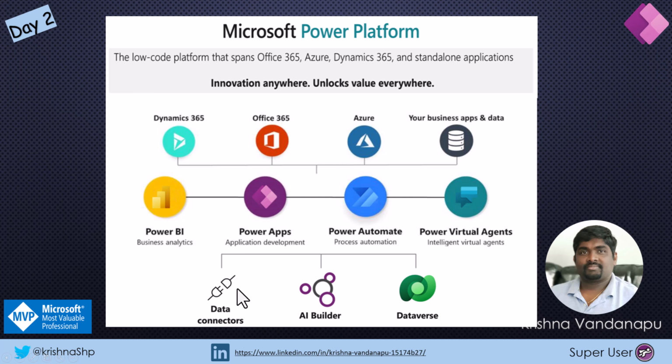Data connectors, as the name says, are connectors to communicate between the UI and the database. So there must be a connection string between the user interface and the database. Those connection strings will be accumulated or presented at that data connectors layer.